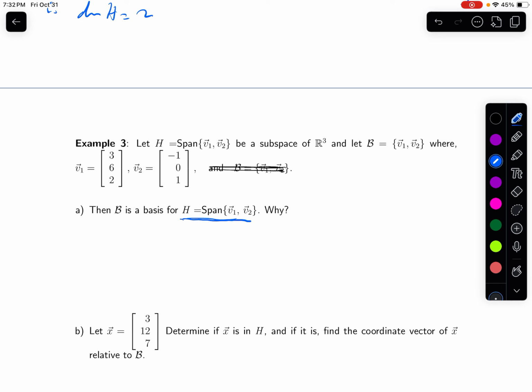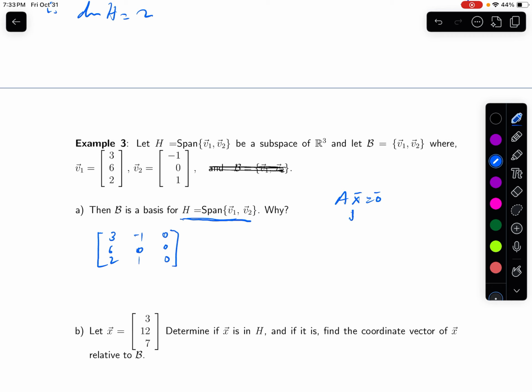Well, you can always check by using row reduction. So (3, 6, 2), (-1, 0, 1), then you can put 0, 0, 0 there, because in order to be linearly independent, we want to see that the solution of Ax = 0 is the zero vector. So it gives us x equals 0. That's what we want to check, the trivial solution.